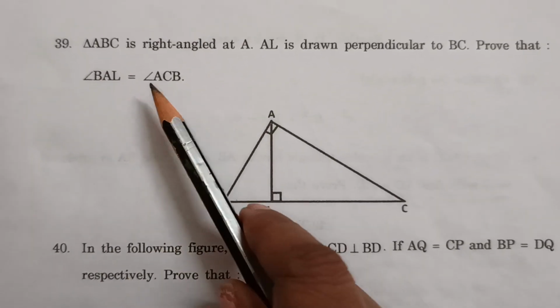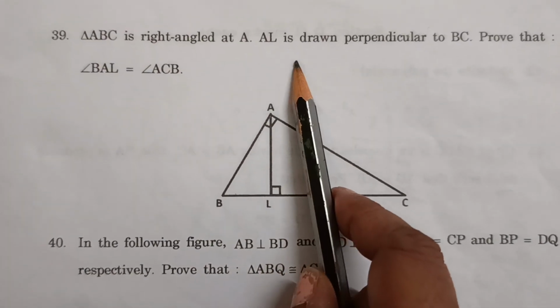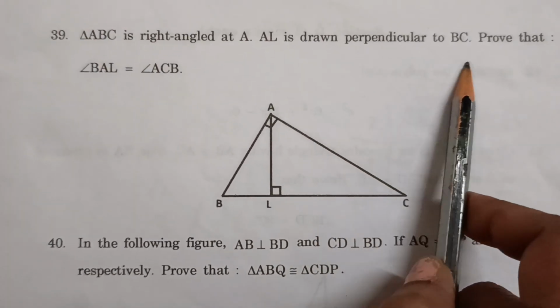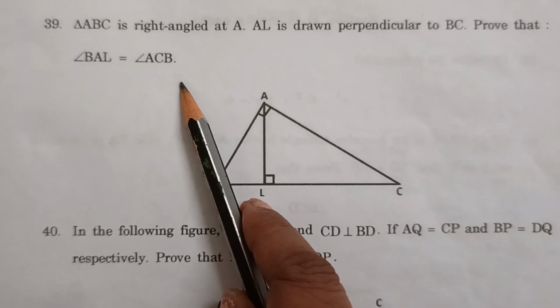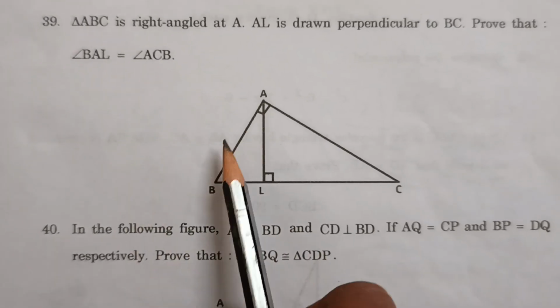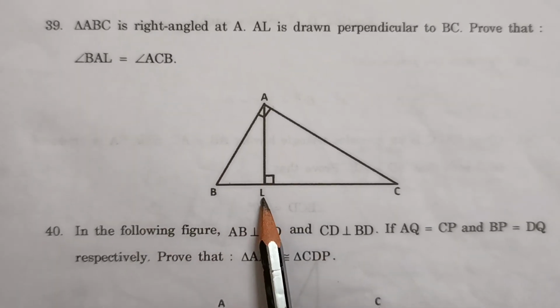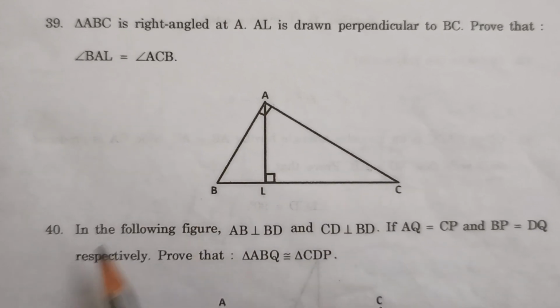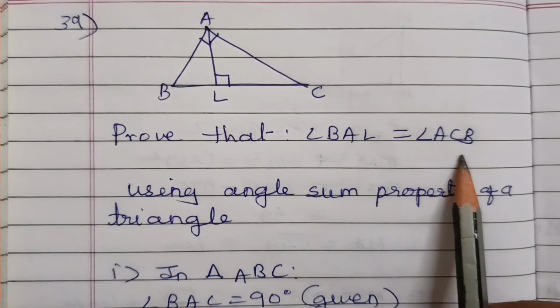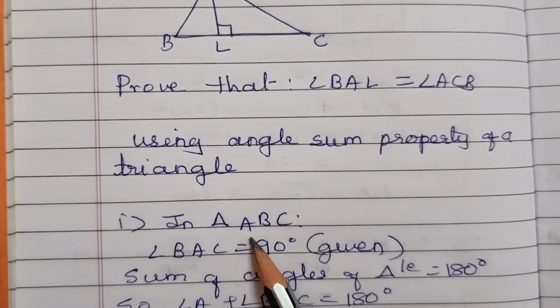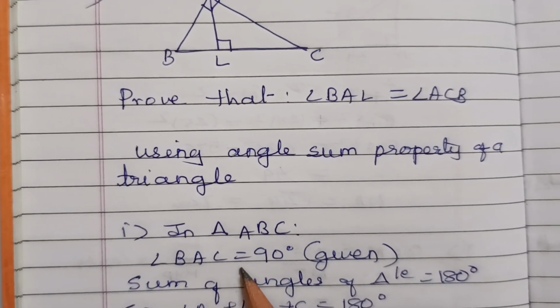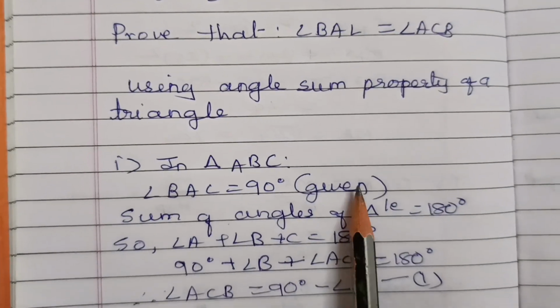Question number 39. Triangle ABC is right angled at A. AL is drawn perpendicular to BC. Prove that angle BAL is equal to angle ACB. Using the angle sum property of a triangle, in triangle ABC, angle BAC is 90 degrees, which is given.